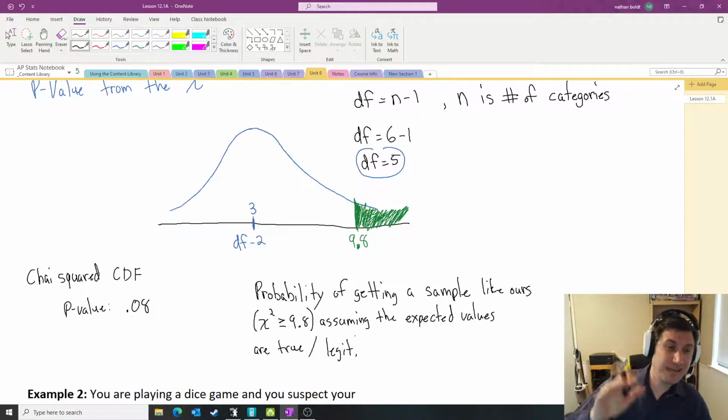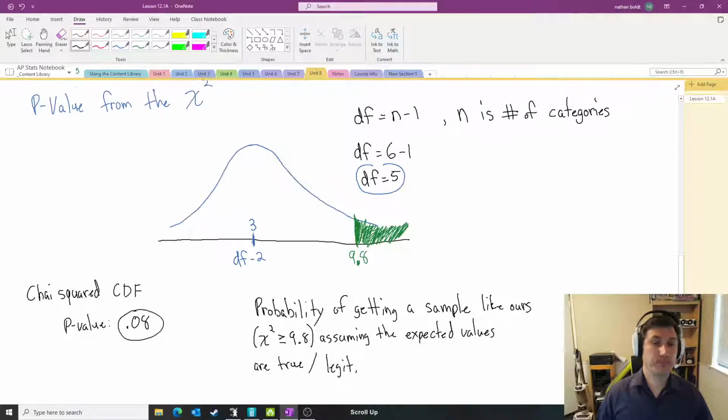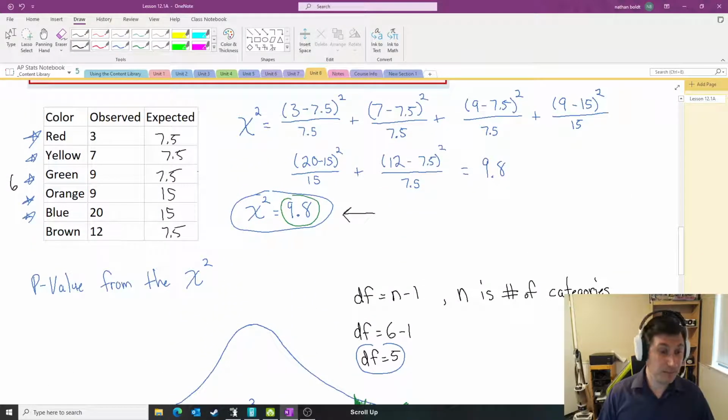By sample variability alone, there would be an 8% chance of getting a sample that's as far off as ours.